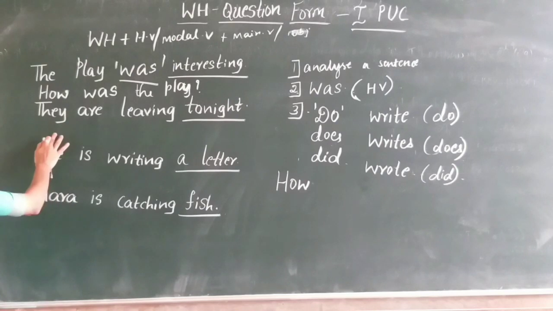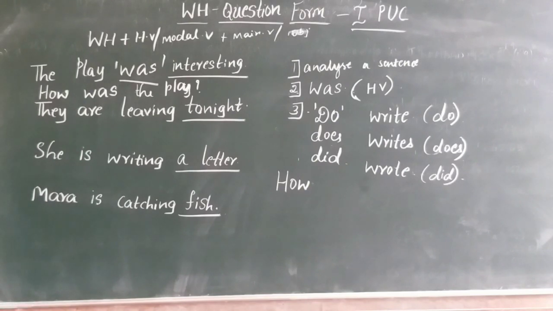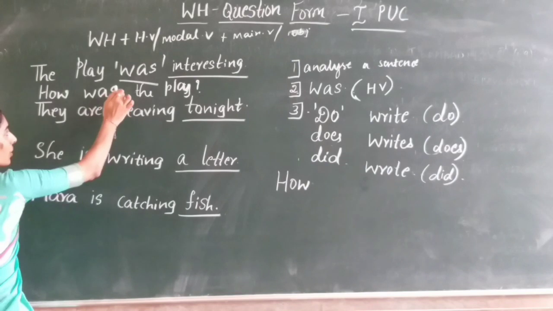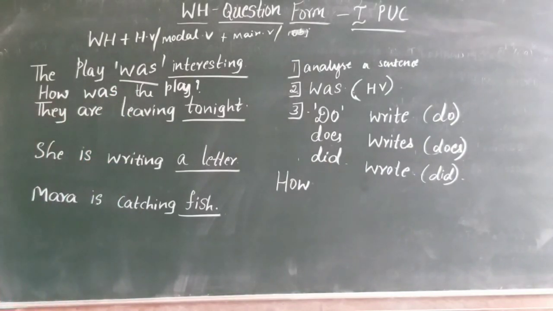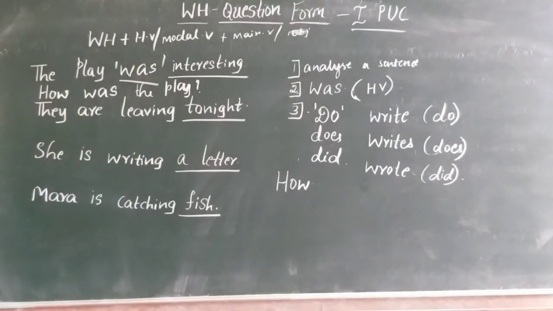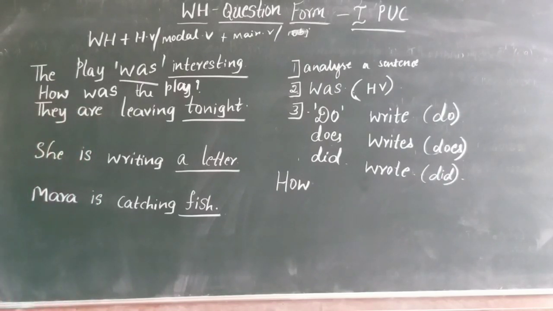Now look at the second sentence here. They are leaving tonight. Remember, after WH there should be a helping verb and then there should be a subject. Tonight, what does that suggest? Is that a place or time? Time.